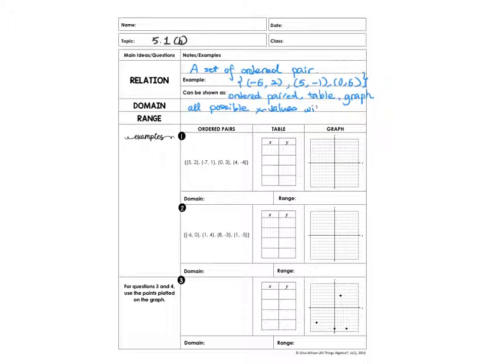And if you want to further explain it, it's within a relation. So range, it's all possible y values within a relation.